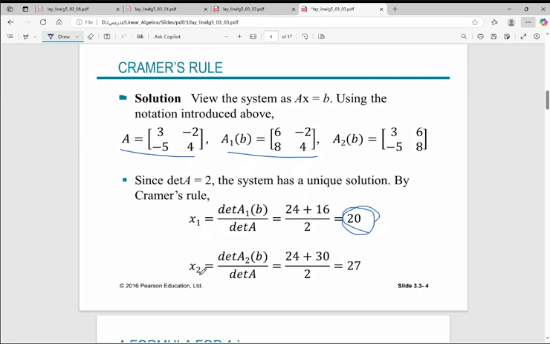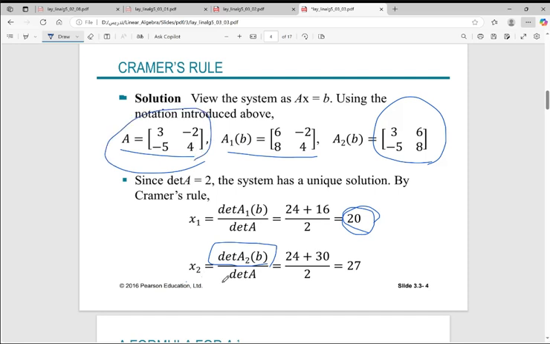And similarly, x2 equals determinant of A2B over determinant of A. What is determinant of this matrix? It is 54. And determinant of A is 2.